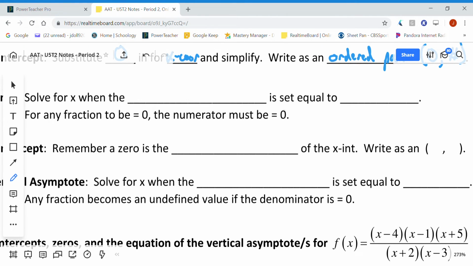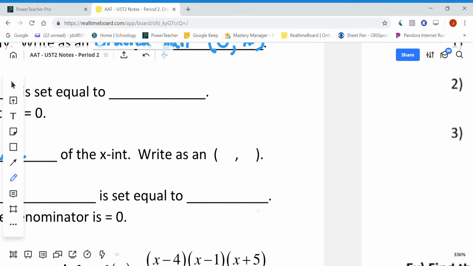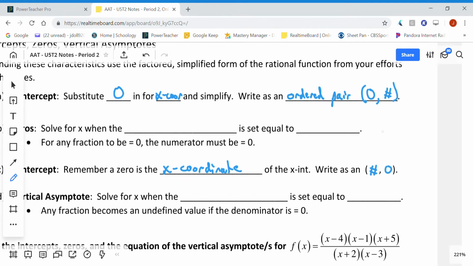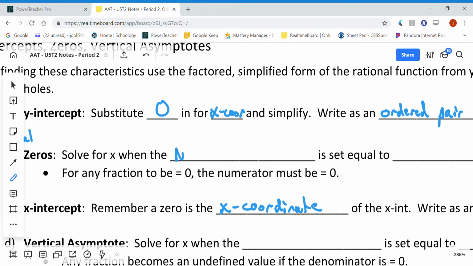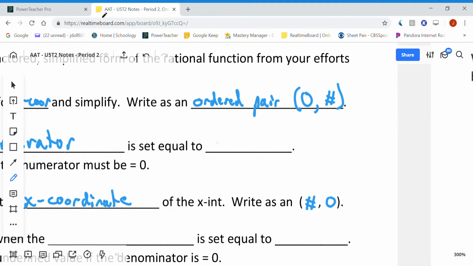X-intercept comes from a zero. Remember that a zero is the x coordinate of the x-intercept, and we're always going to write this as some number comma 0. Now to find that x coordinate, to find our real zeros, we're going to solve for x when, and here's the key, the numerator is set equal to 0.